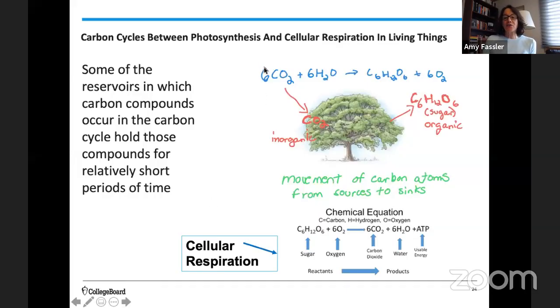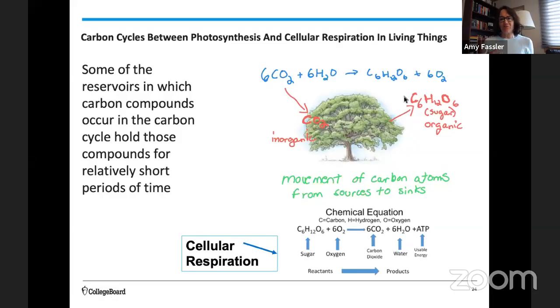So in the process of photosynthesis, and many of you could write and balance this equation, all we really want you to take out of here is what's happening with the carbon. I'm going from an abiotic inorganic source of carbon, CO2 from the atmosphere, and this miraculous process of photosynthesis converts that into a sugar, a carbohydrate, a food that that plant uses.